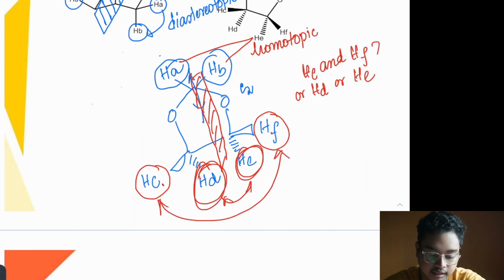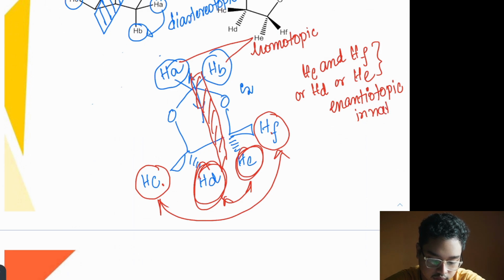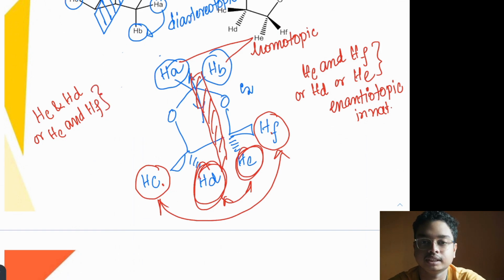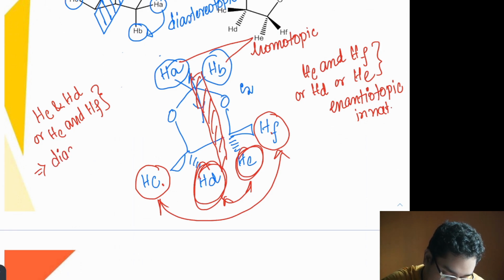That means this pair will be enantiotopic in nature. Now, if we talk about HC and HD, or HE and HF, then there will be no symmetry present at all. So that means this pair will be diastereotopic.